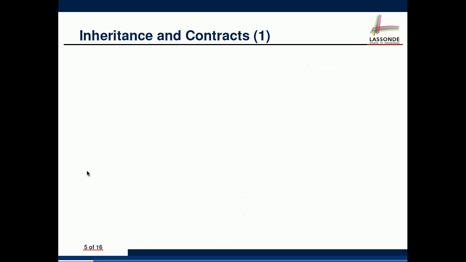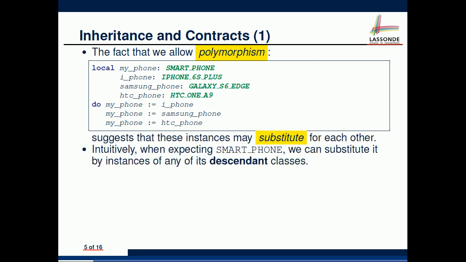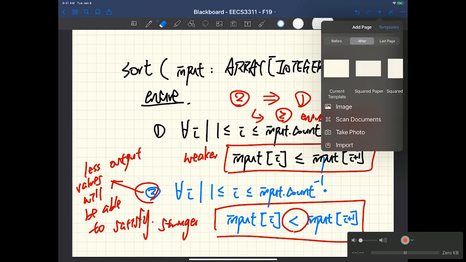Inheritance and contracts. Let's review just a little bit about the smartphone example. Remember we got smartphone, and then we got different descendant classes, iPhone 6s Plus, etc. It's a very quick reminder; I won't spend too much time.